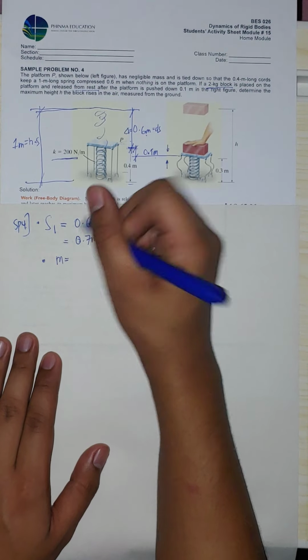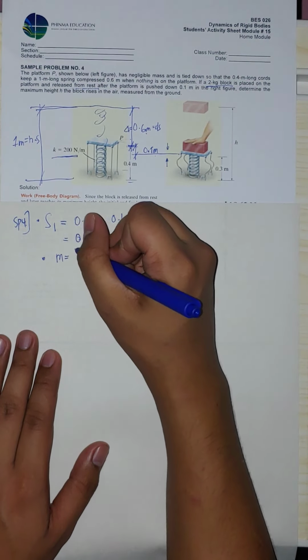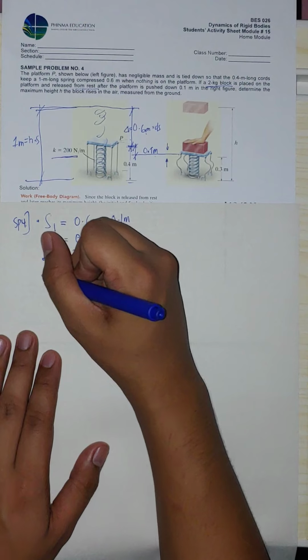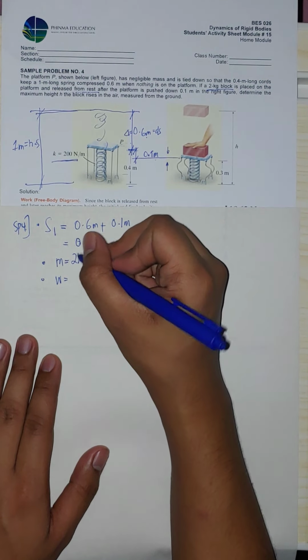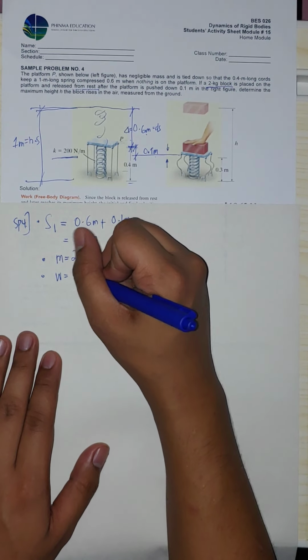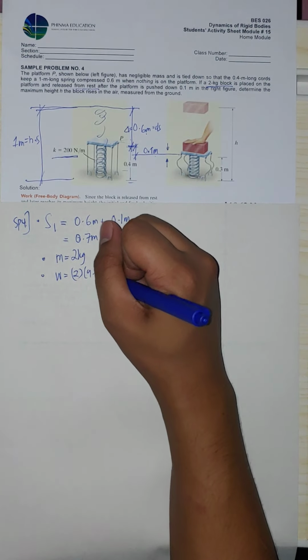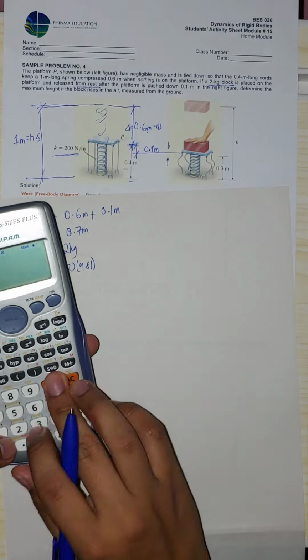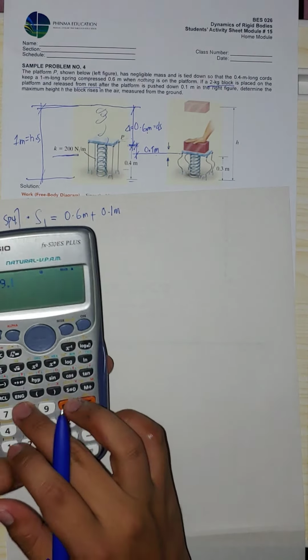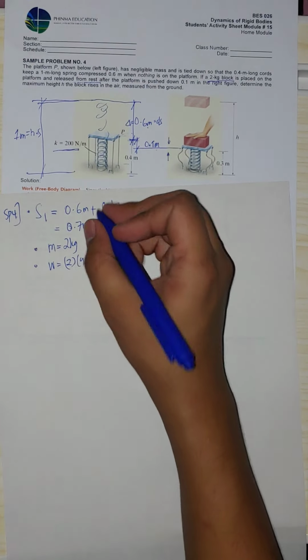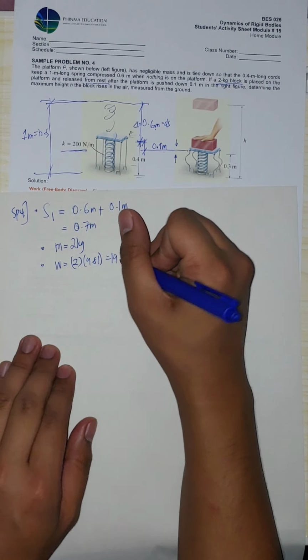What else is given? The mass of this block is 2 kilograms, so its weight is 2 times 9.81, which is 19.62 newtons.